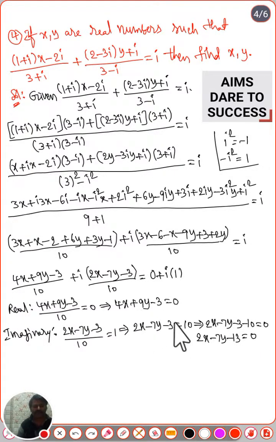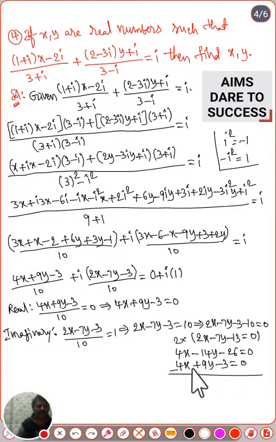Solving these two equations. Here the x coefficient is 4 and in the second equation the x coefficient is 2. So multiply the whole equation by 2. We get 2 2s are 4x minus 2 7s are 14y minus 2 13s are 26 is equal to 0. Same to same, you can copy paste the first equation: 4x plus 9y minus 3 is equal to 0.